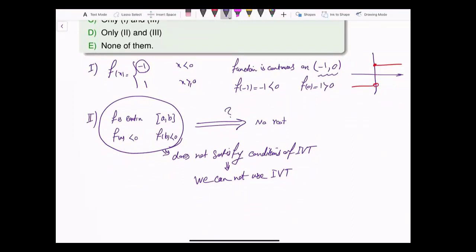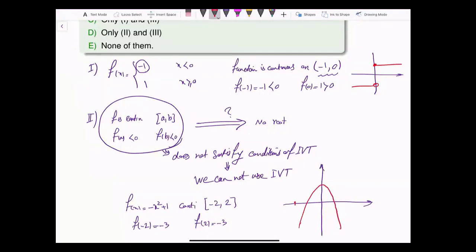For example, consider the function f of x equals minus x squared plus 1, and take the interval as negative 2 and 2. It is continuous on this. f of negative 2 is negative 3. f of 2 is negative 3. But if you look at the function, this is our friend, the parabola.